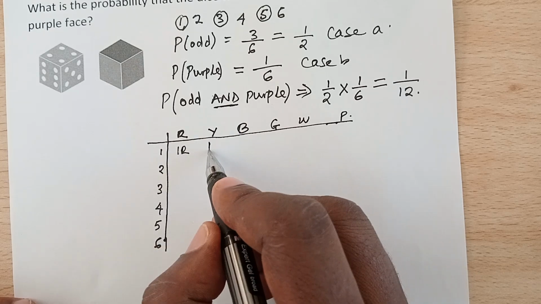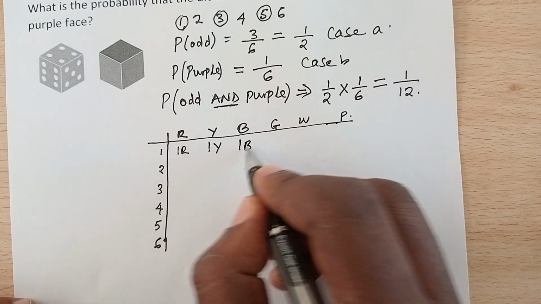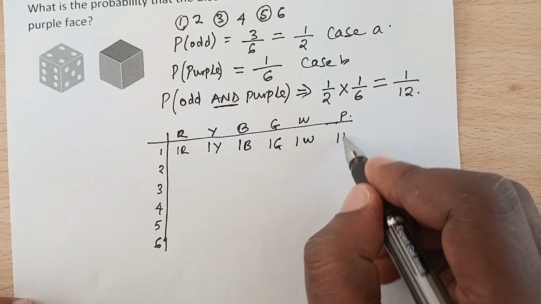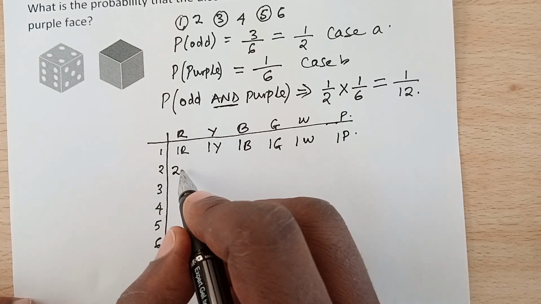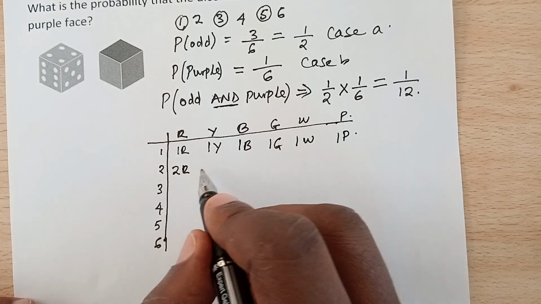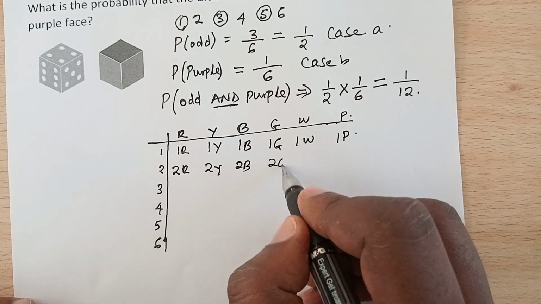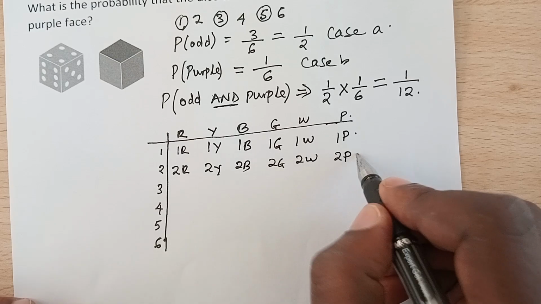This one continues to show a 1 when this one now shows a yellow. There is 1B, one blue, one green, one W, one purple. This one can show a 2 now, while this one is showing a red. That is 2R, 2Y, 2B, 2G, 2 white, and 2 purple.